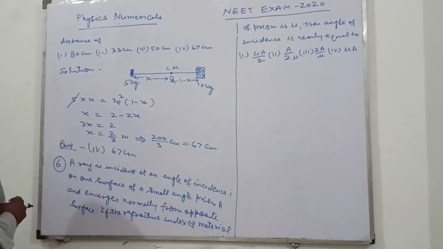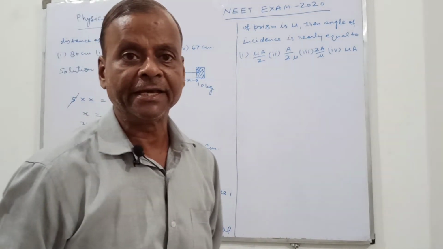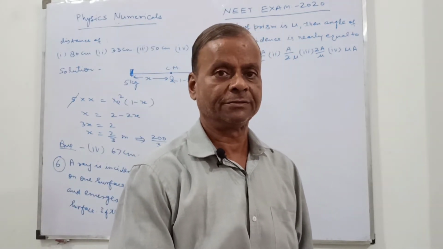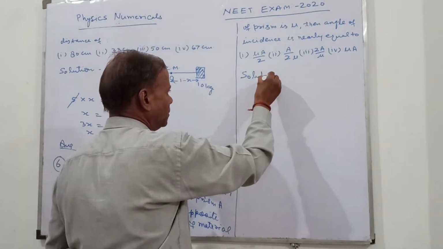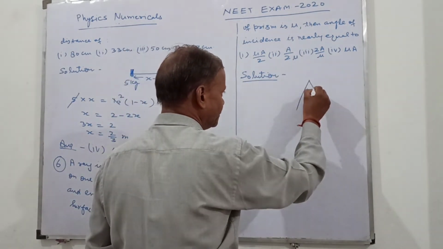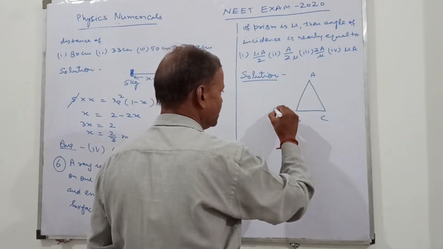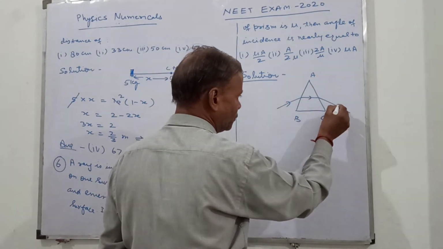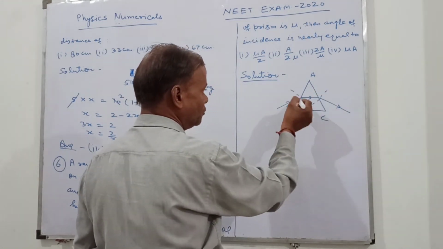So this is what is given here. In the case of a prism, you must know that the angle is always measured from the normal, not from the surface. Suppose this is the prism A, B, C, this is the light ray, and this is the normal.